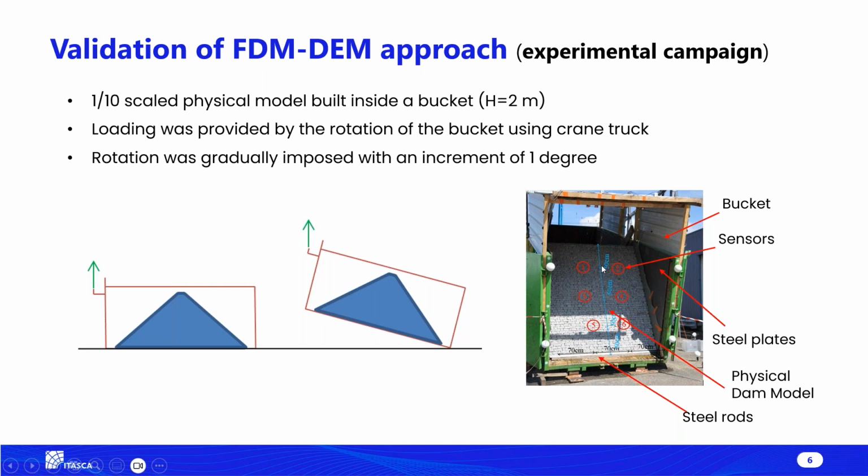Such physical models of rockfill dams with drystone pitching were built inside of a bucket, as we can see here in the bottom right figure, with a height of about 2 meters and a slope of 45 degrees. The loading of this dam was provided by the rotation of the bucket. One side of the bucket was lifted by a crane truck, and it was rotated gradually until reaching failure, as we can see in this diagram.